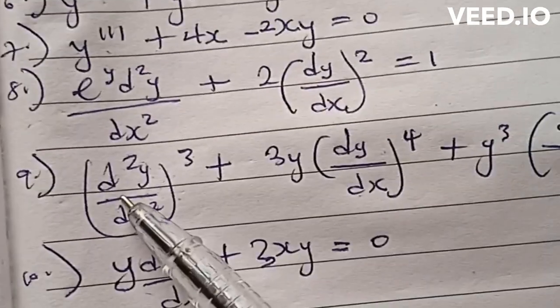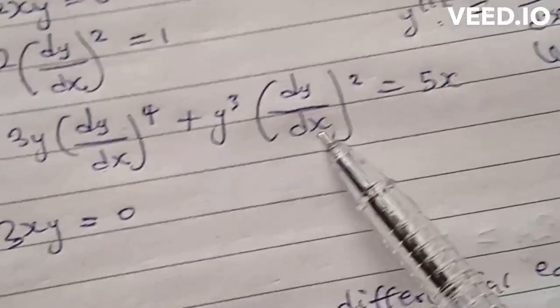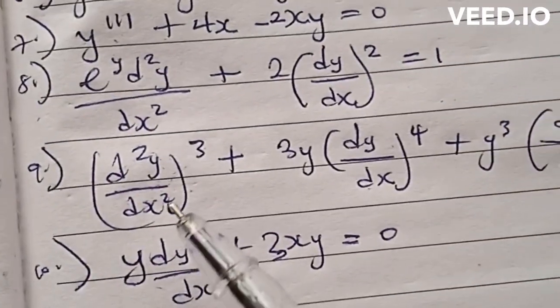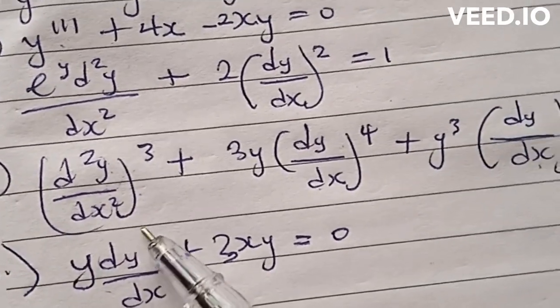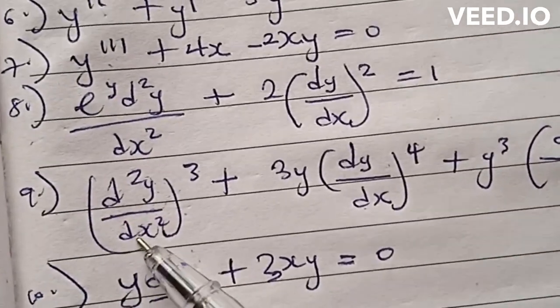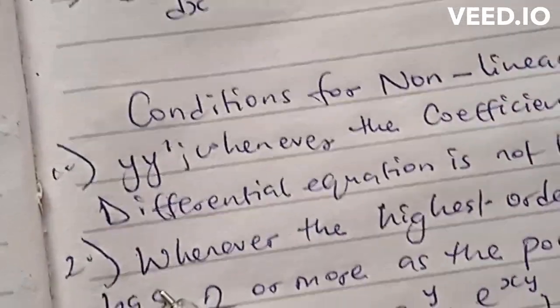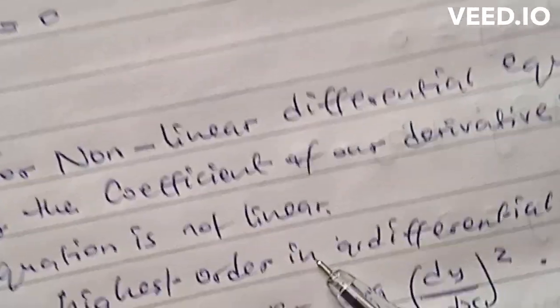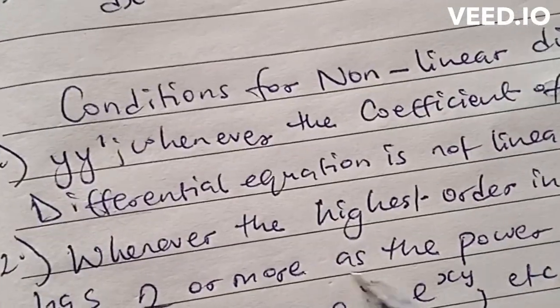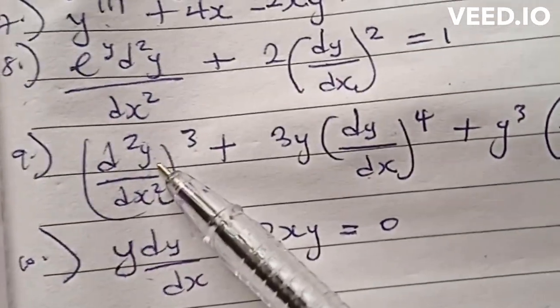To example number 9, if you check it correctly, you will know that it is a non-linear differential equation. Reason because the highest order in the equation is d squared y over dx squared, and it is raised to power of 3. And one of the conditions for a non-linear differential equation is whenever the highest order in a differential equation has 2 or more as the power, then it is a non-linear differential equation.